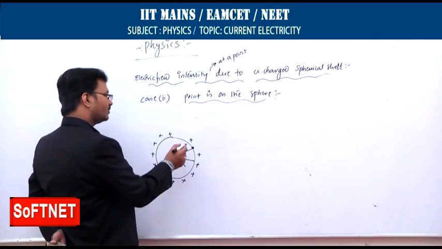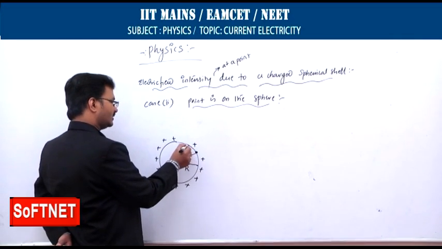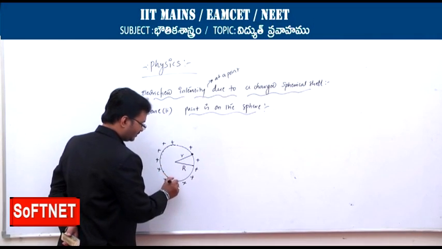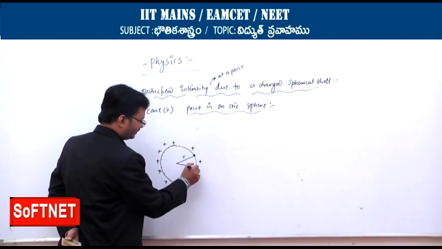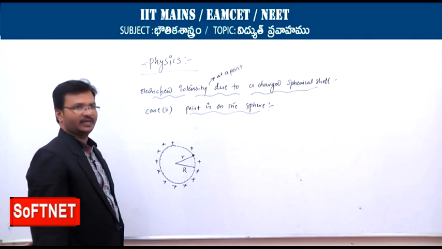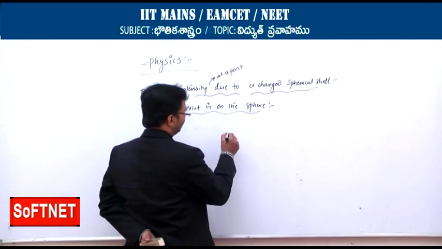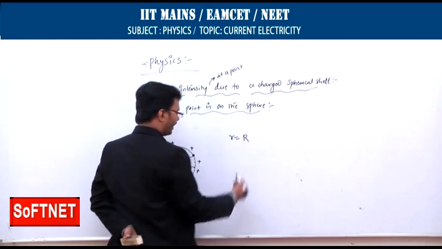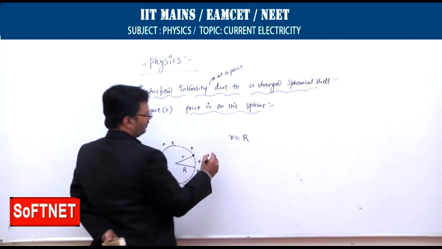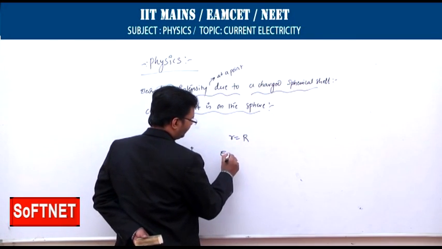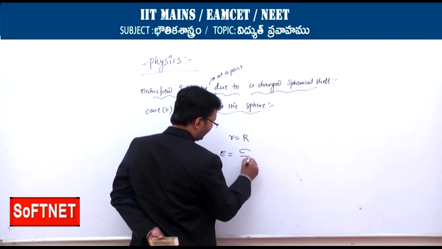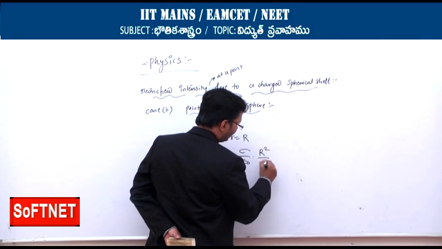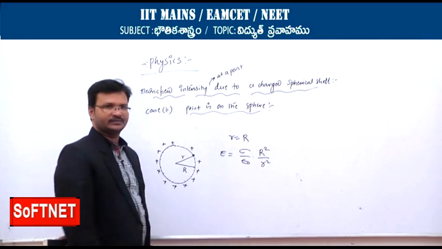For that, what do we have to do? Construct a Gaussian surface. The Gaussian surface and the original sphere both have the same radius. So in this case, small r is equal to capital R, that is it. Outside, E out is equal to sigma by epsilon naught into capital R square by small r square, which we got already.